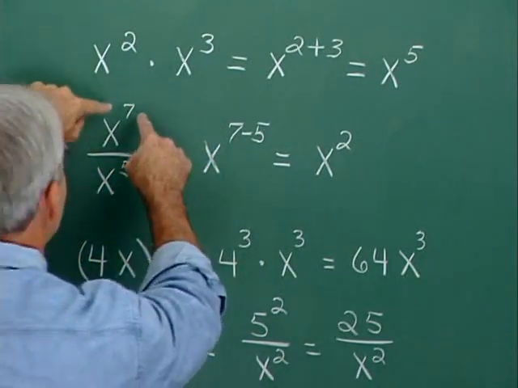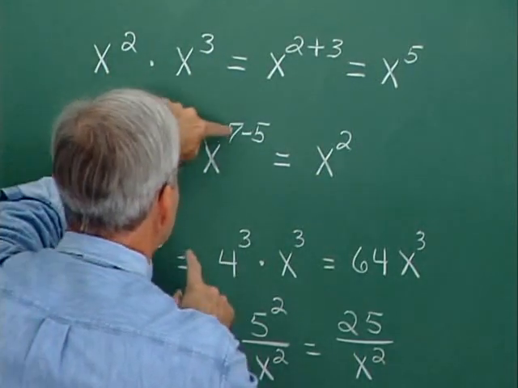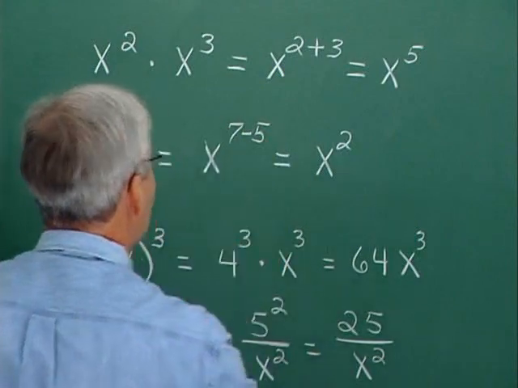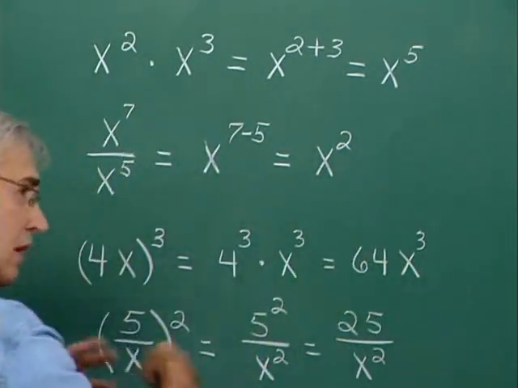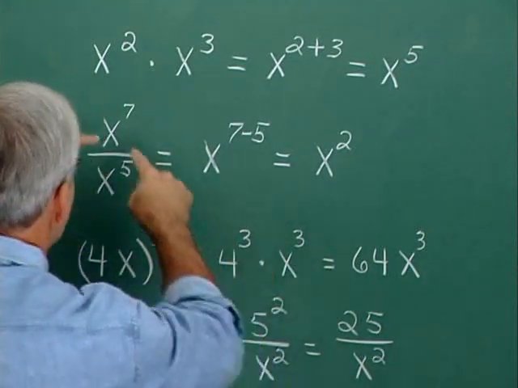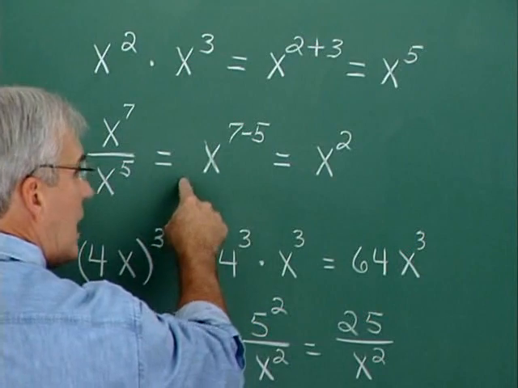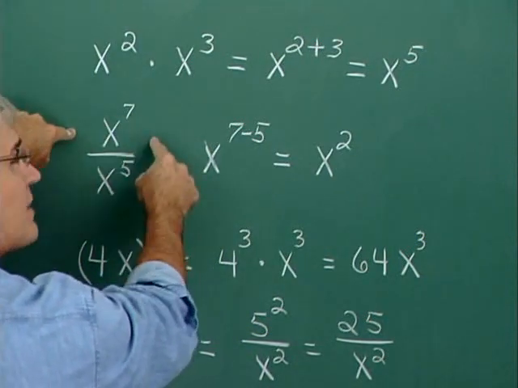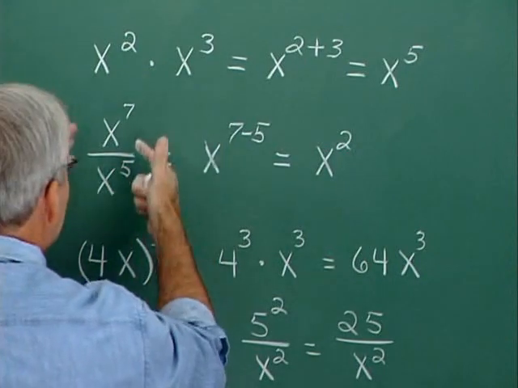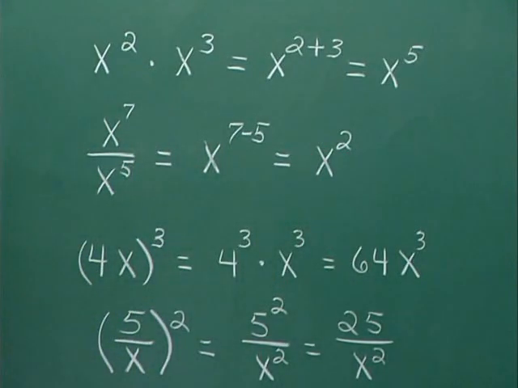We take the exponent that's in the numerator and we subtract the exponent in the denominator. 7 minus 5 is 2. The reason we can do this is because we have a string of 7 factors here and a string of 5 factors here. These 5 factors will cancel with 5 of the 7 factors in the numerator, leaving us with 2 factors of x in the numerator. That's why we get x squared.